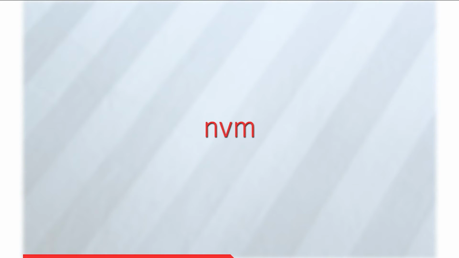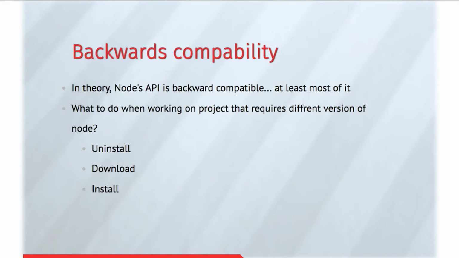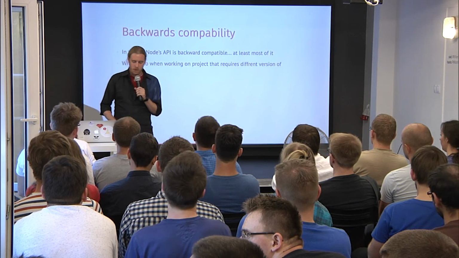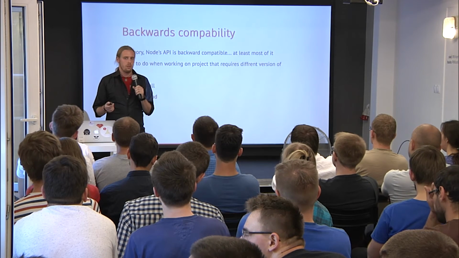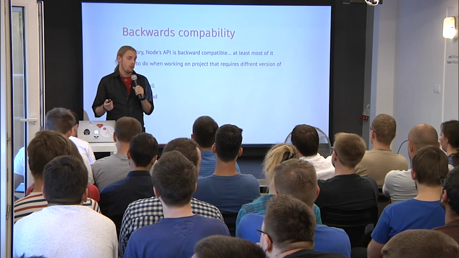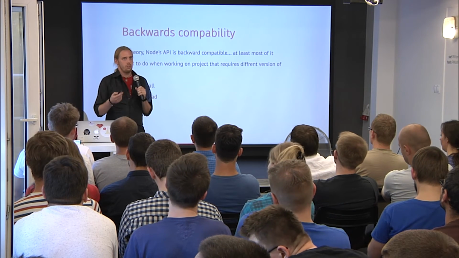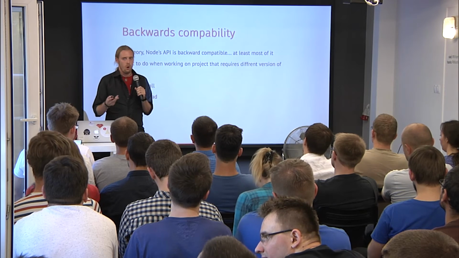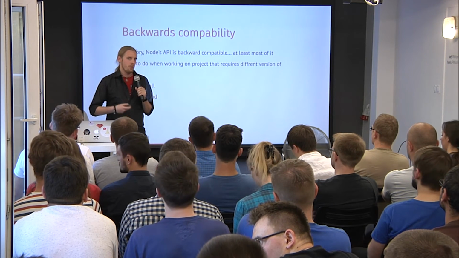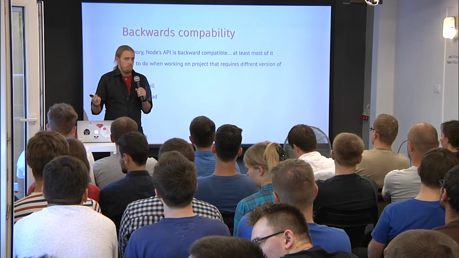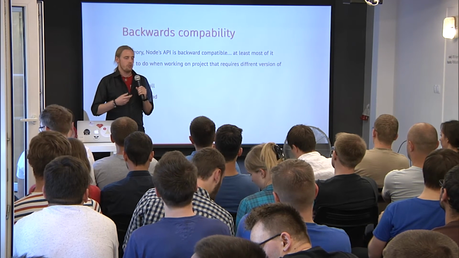Now the NVM. Let's go back. NVM. Okay. In theory, most of Node's API is backward compatible. Most of it. But sometimes we have an application using, I don't know, an old Node module, or even some deprecated API that is not available in the new version of Node, so it will not run, our application will crash.